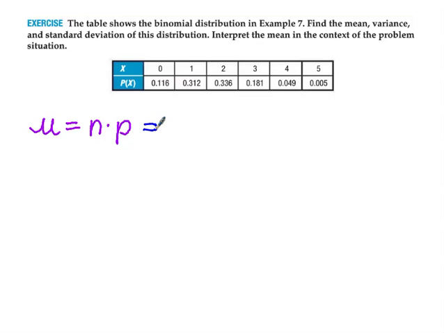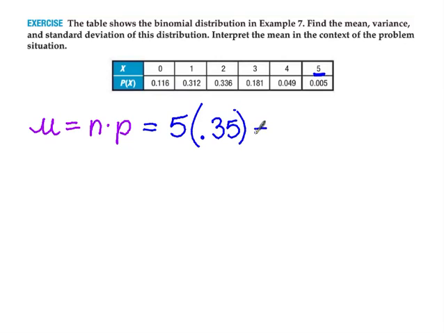What is n in this problem? So how many trials do I have? 5. Okay, how do I know? I look at this number. What is the probability of success? If you look at page 669, the probability of success is 0.35.